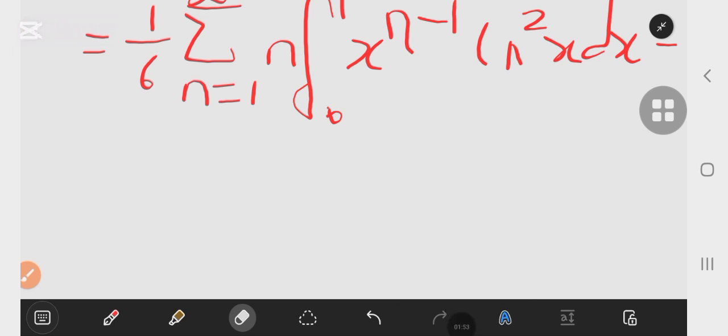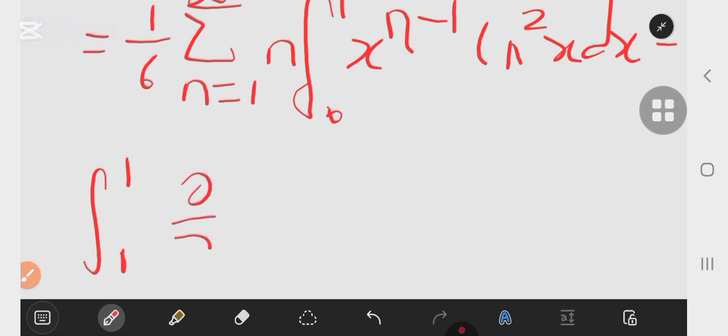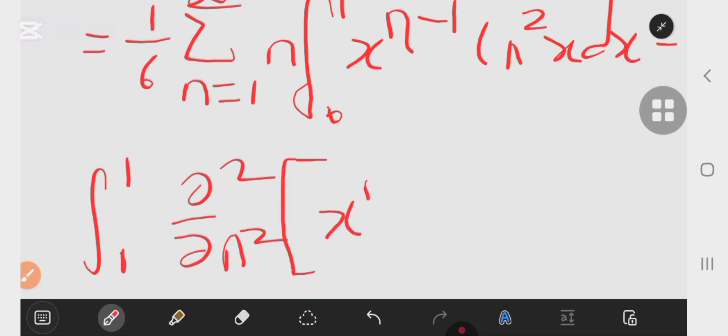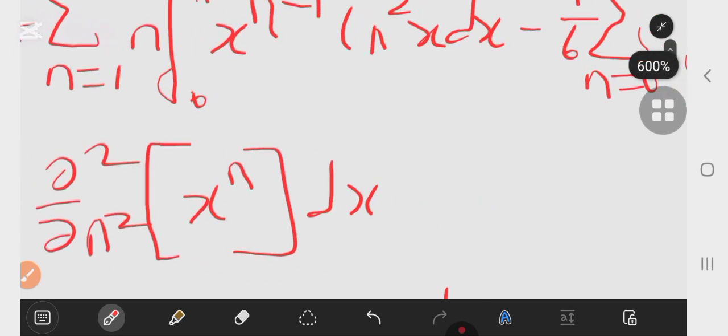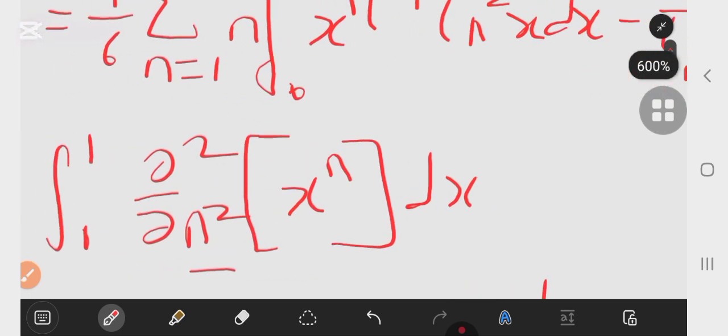Now, imagine. This integral now will be the same as the integral from 0 to 1 of the second derivative of x to the power of n. Now, that permits that I can bring this derivative outside the integral.